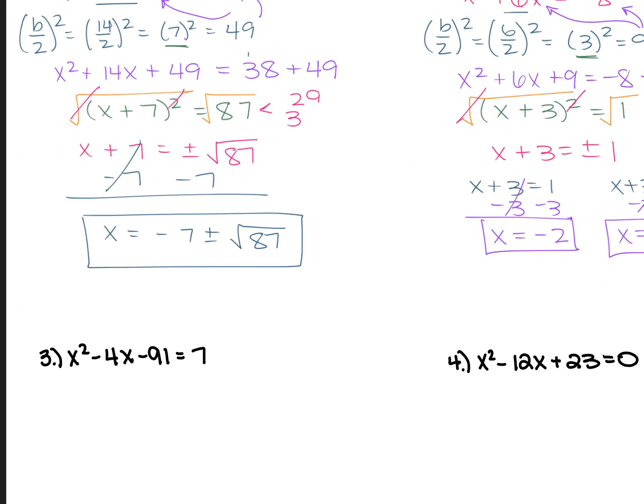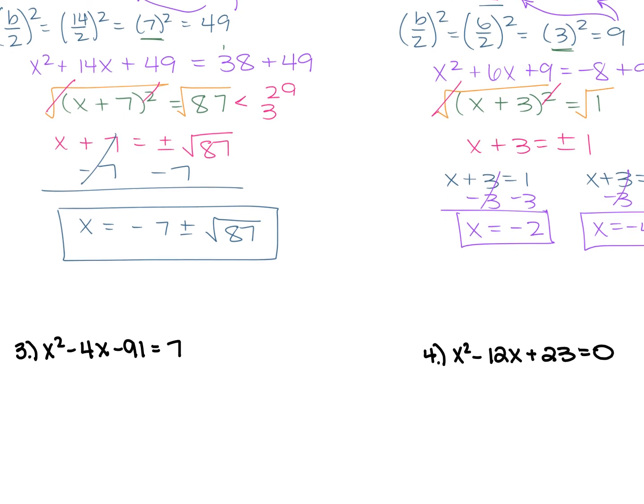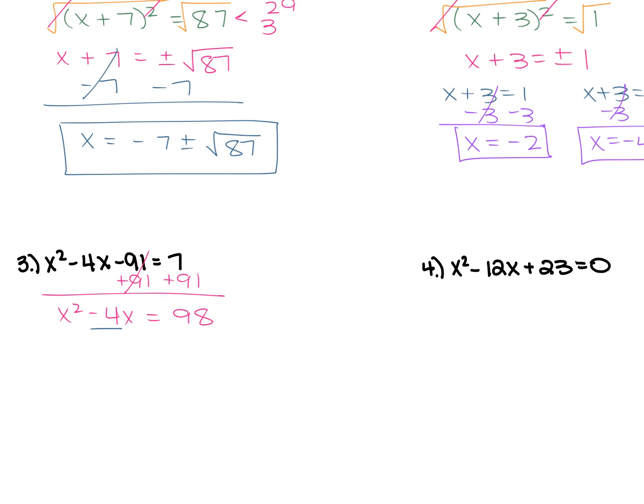For example 3, we have x squared minus 4x minus 91 is equal to 7. We're going to start this one by moving that 91 over, so we'll add it to both sides. That gives us x squared minus 4x is equal to 98. From here, we are going to take that -4 and plug it into b over 2 squared.